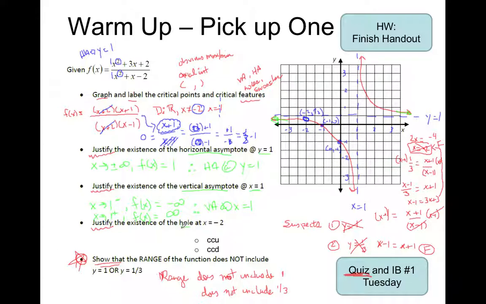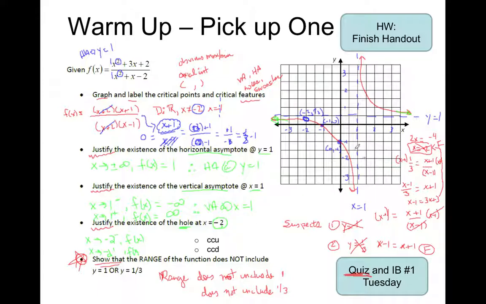A hole, you best not swoosh. At x = -2, there was a hole. There was no swooshing. So what happened? As x approached -2 from the left, and as x approached -2 from the right, what were the range values approaching?